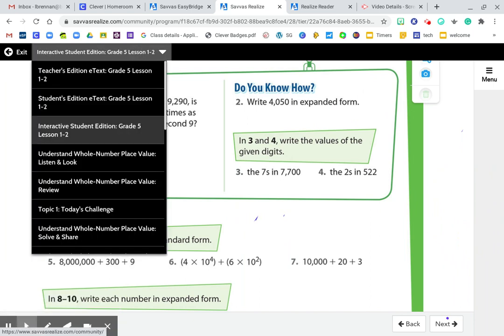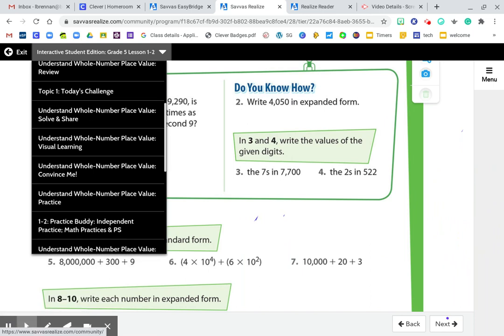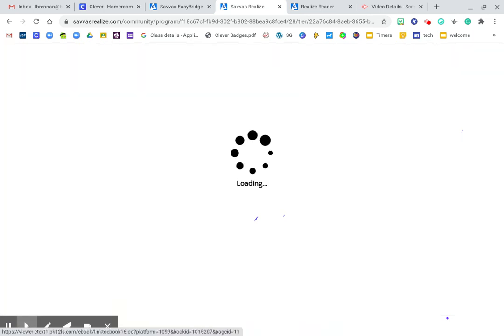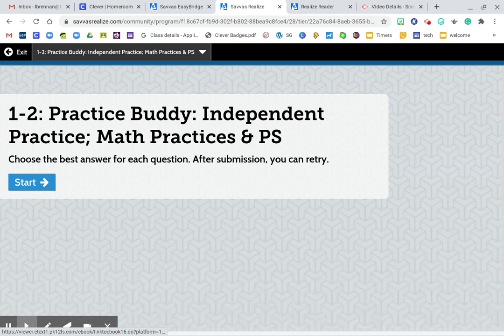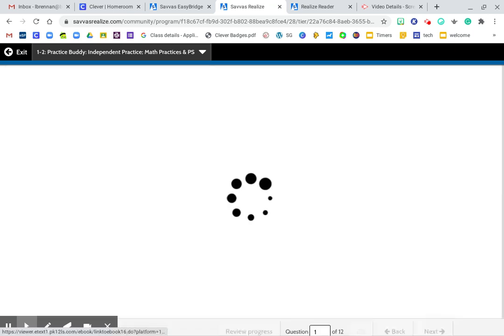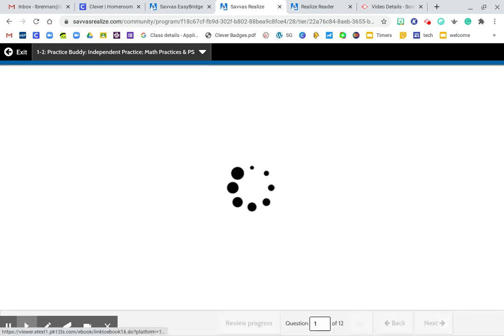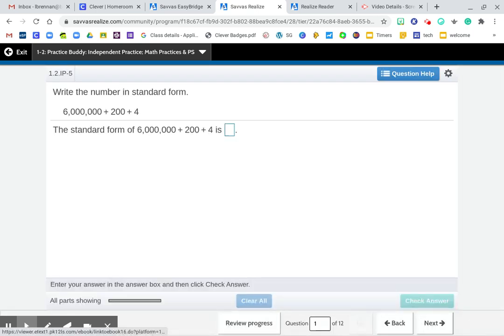So when we go into it, it's been assigned to you, it is Practice Buddy, and there's usually only about 12 questions. And they might be in a different order for you than this is. So write the number in standard form. I'm going to write this number in standard form.